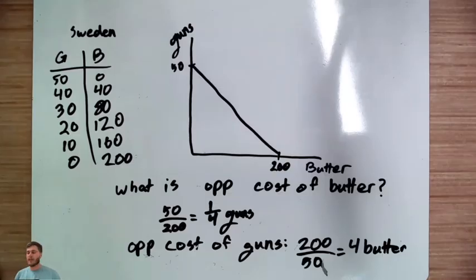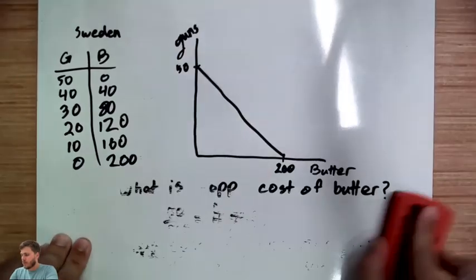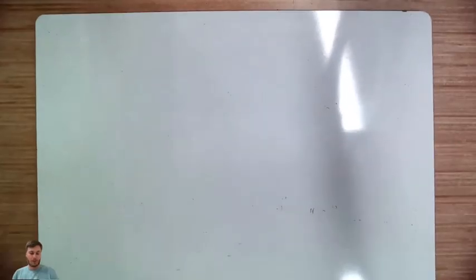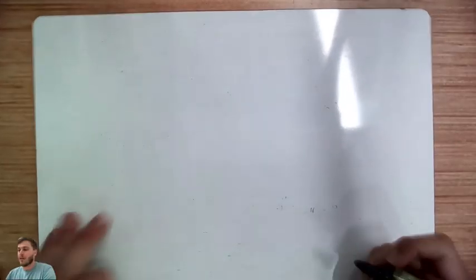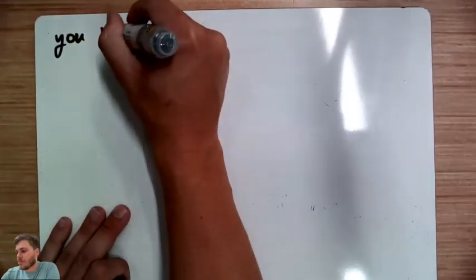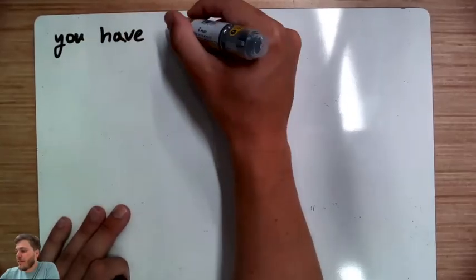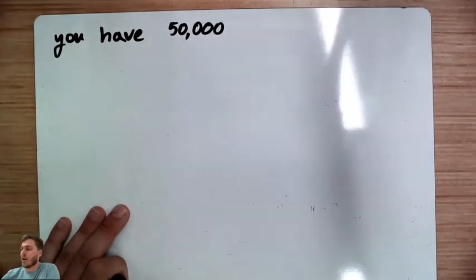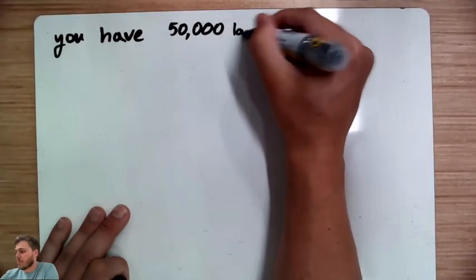Let's take another, and then we'll get into a little bit more information. My question here is going to be the following. Let's say you have 50,000 units of labor hours.